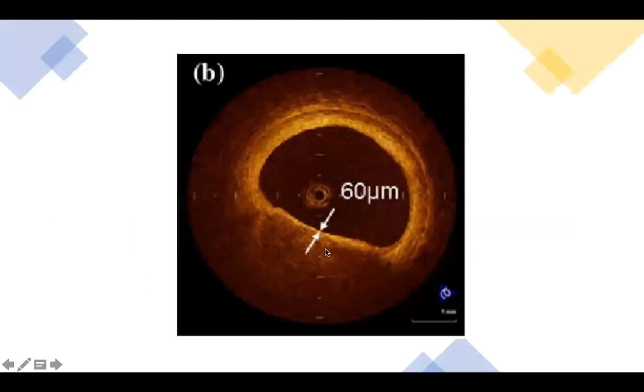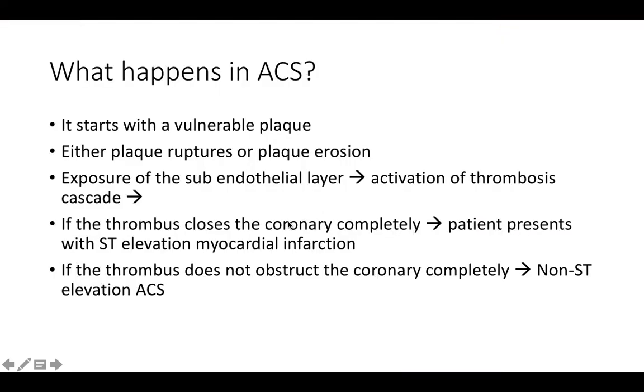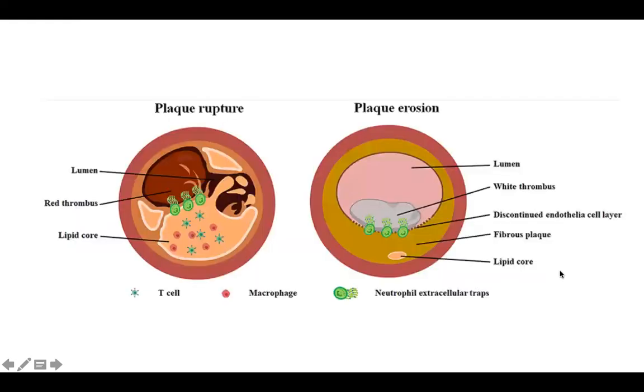If the thrombus occludes the vessel completely, we will develop what we know as ST elevation myocardial infarction. If the thrombus does not obstruct the coronary completely, this is what we will call a non-ST elevation acute coronary syndrome.